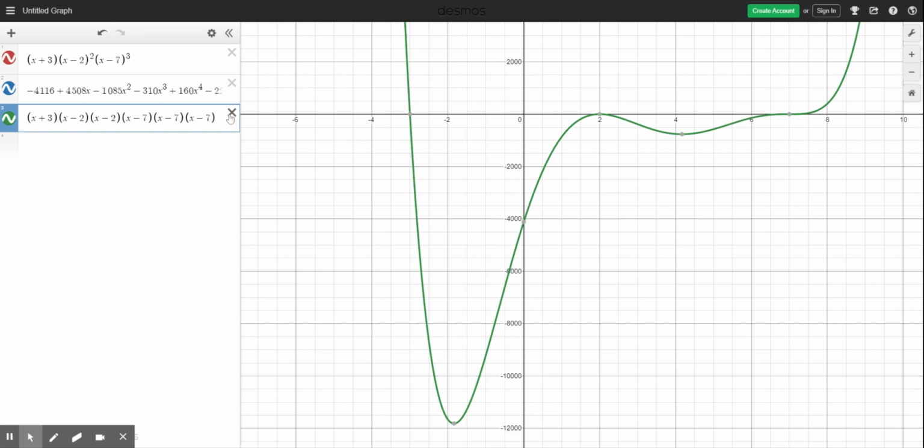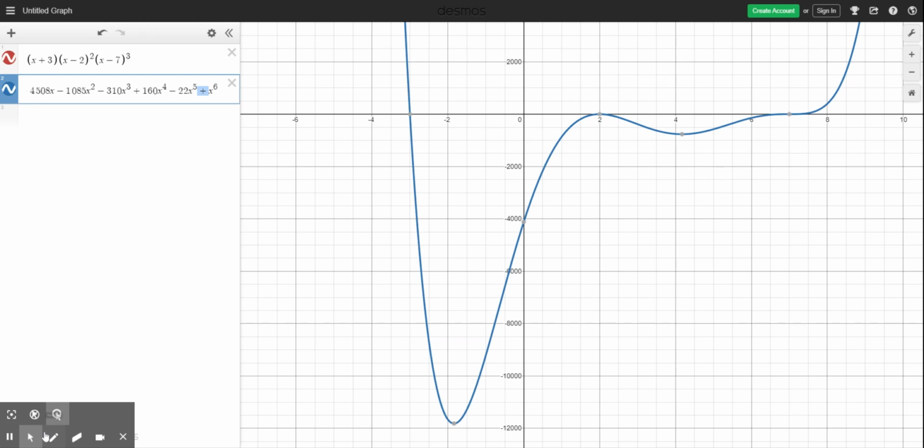Now, the next thing that we want to talk about here, hopefully that gives us a little better understanding of the roots and multiplicities of a polynomial, is what we call the end behavior. So specifically looking at the standard form here, we're going to want to look at that biggest exponent, x to the 6th power, and see that it's positive.